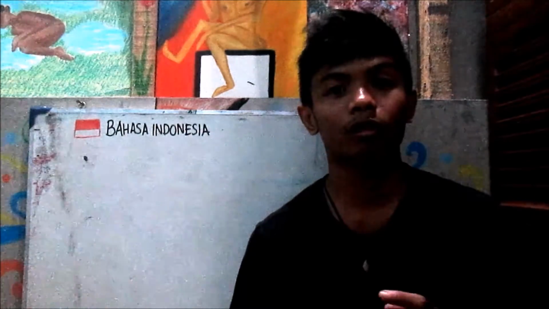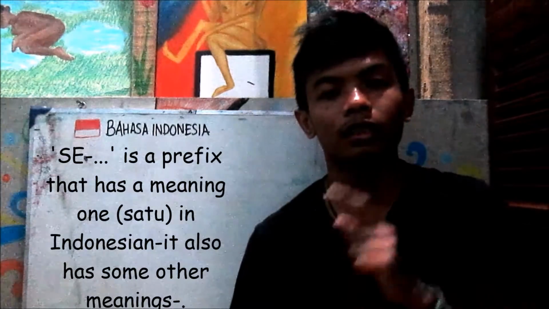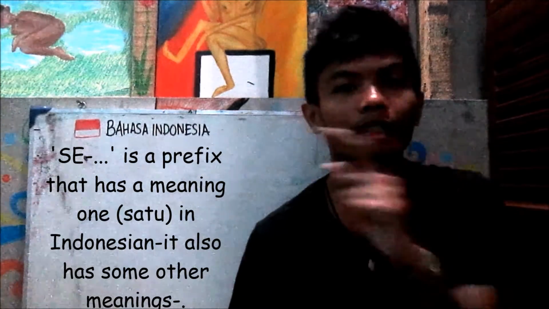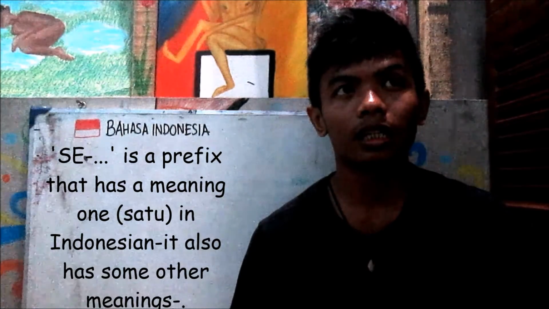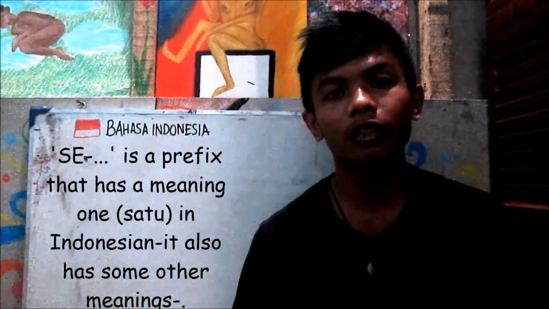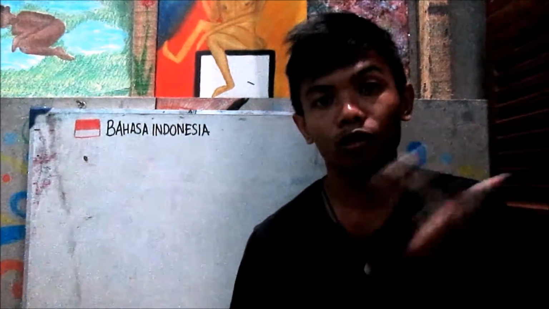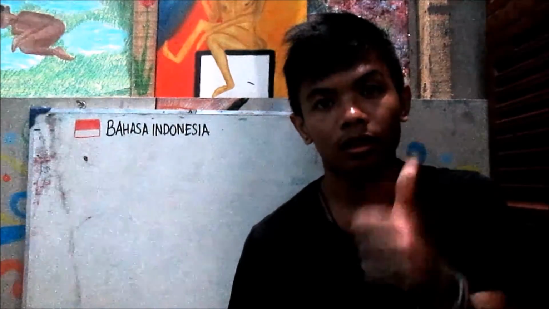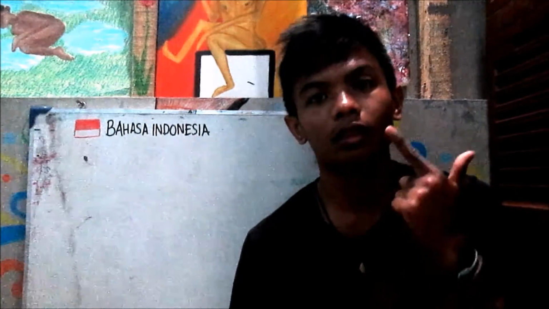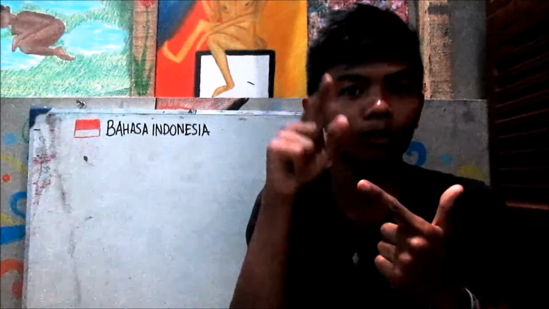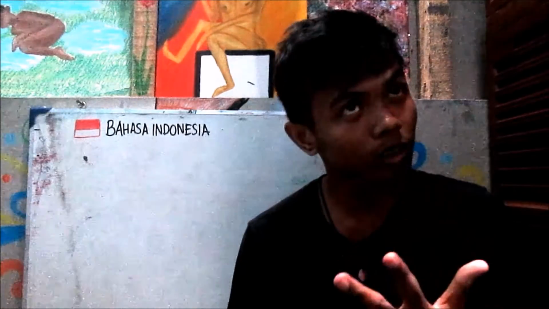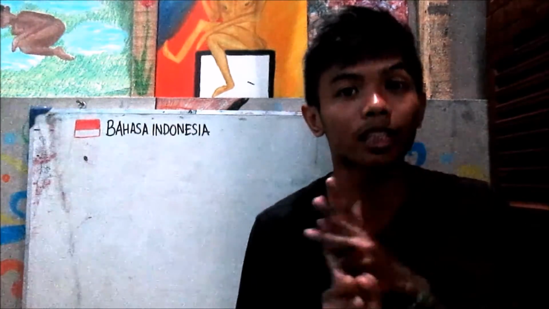Another thing that you need to know, the syllable se in Indonesian also means 1. So when you say 10, and then 11, and then 100, 1000, that means sepuluh is 10 because you have the number 1 there, and then sebelas is 11, so you have also 1 there, and then seratus is 100, and then seribu is 1000.